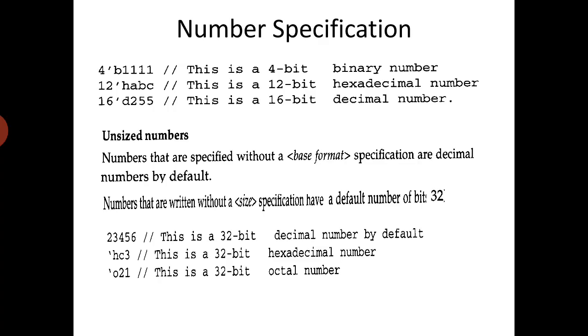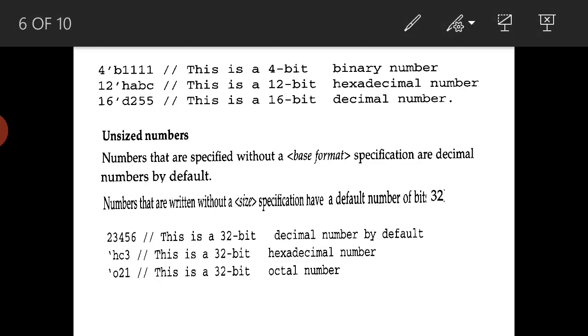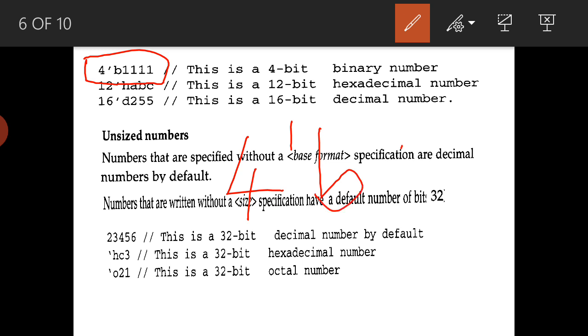Okay, so this is how we can use the numbers here. If you see the first one, what is there? 4, dash, B 1111. What was the format? Size, base format, and number. This is the size, so this represents the number of bits. How many bits are in this number?